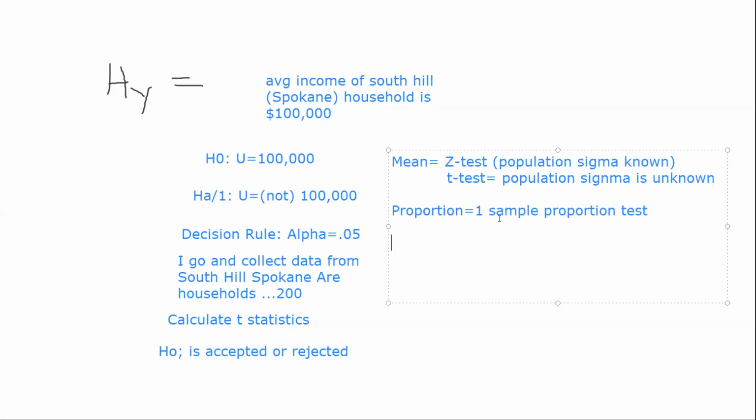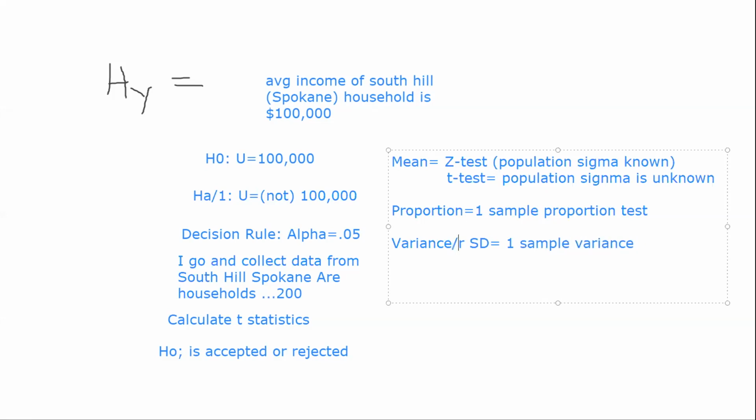The third is based on variance or standard deviation. What do we do here? One sample variance, for which we use chi-square.